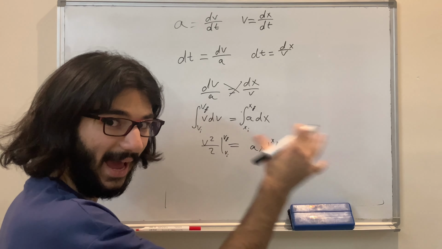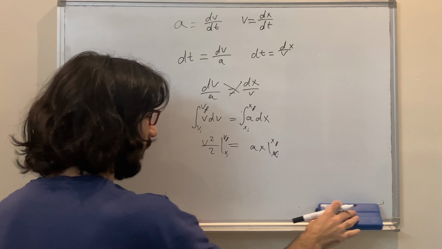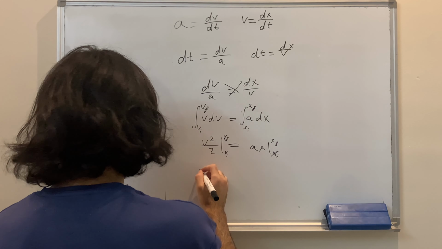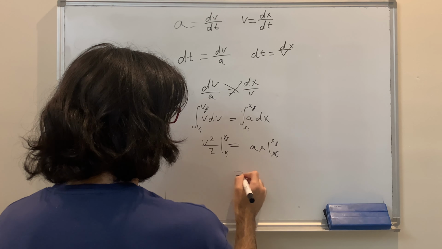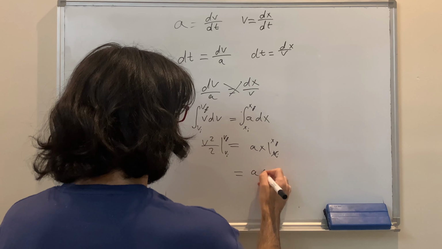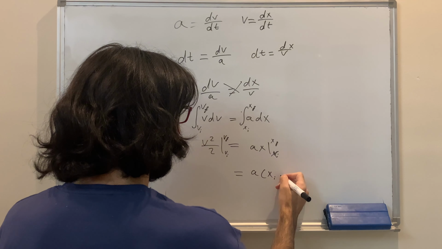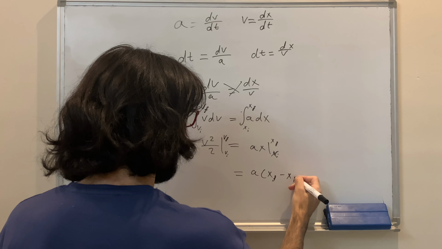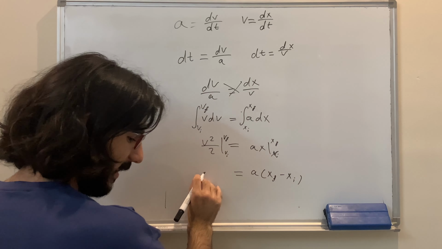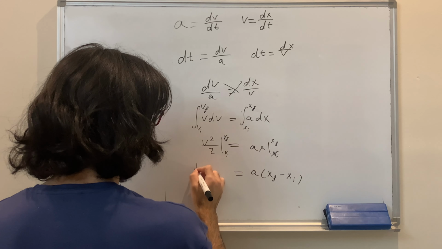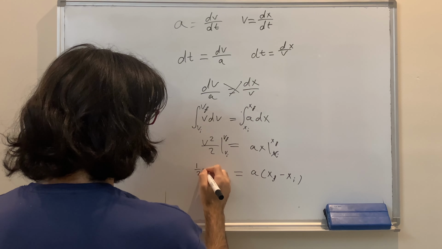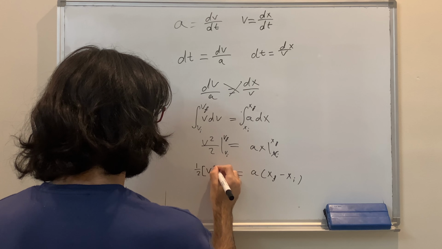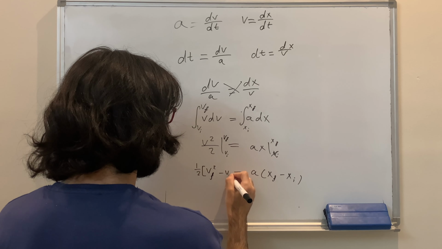Now we add the boundaries, and once we add them, we get a times x final minus x initial, and here we get 1/2, we take out the half from here, v final squared minus v initial squared.